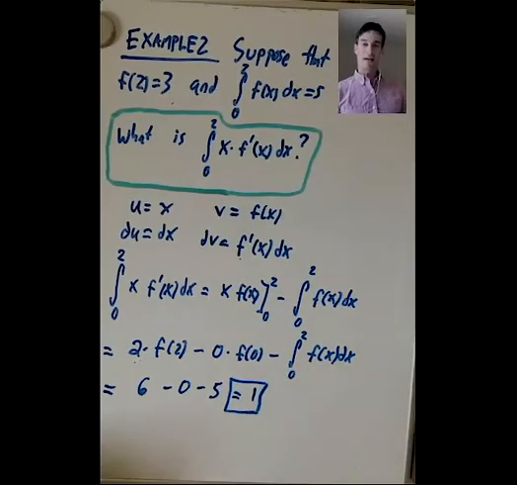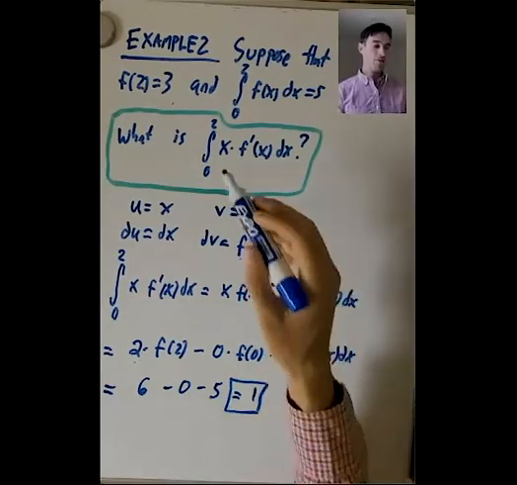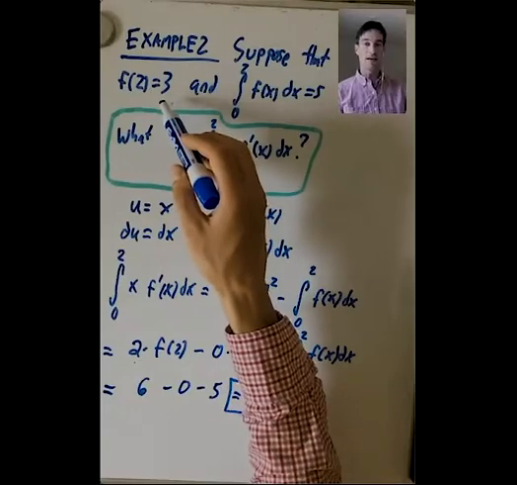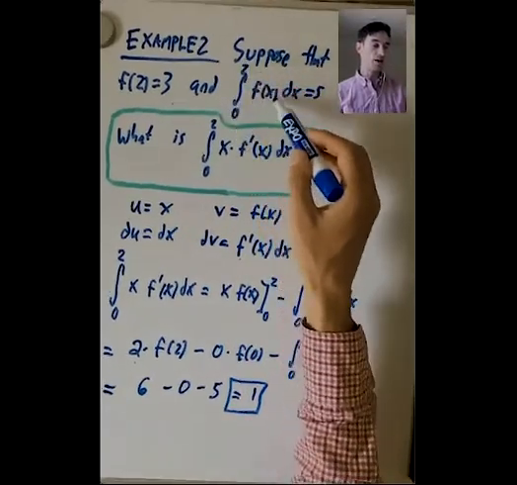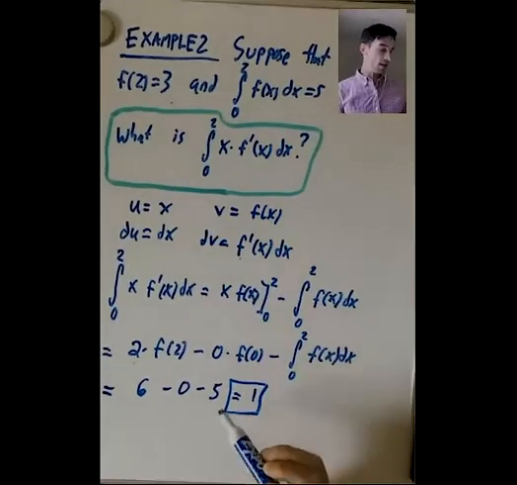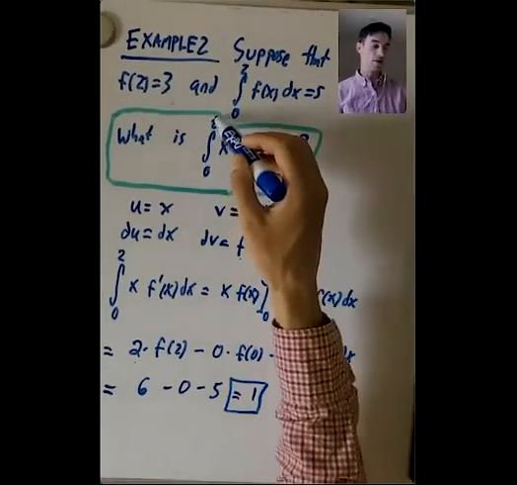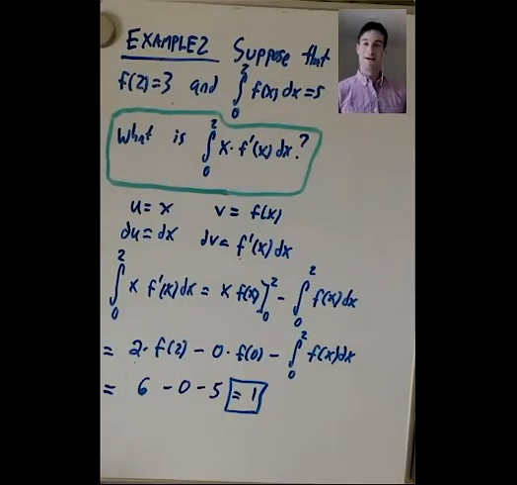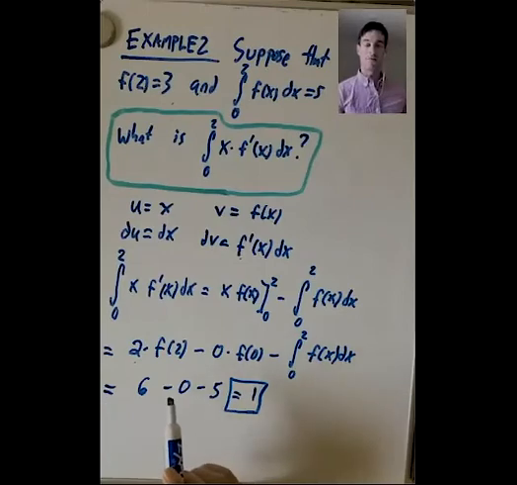So what's kind of amazing here is that there are many, many different functions that satisfy f of 2 equals 3 and the integral from 0 to 2 of f of x dx equals 5. But all of them give the same value of the integral from 0 to 2 of x times f prime of x dx. So this is one other type of problem to be aware of.